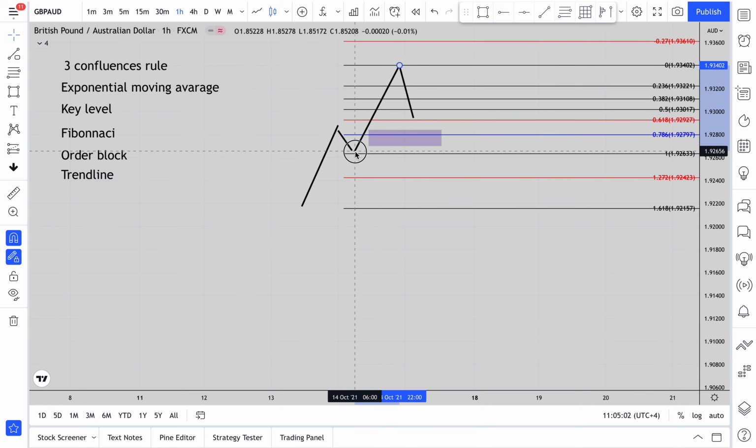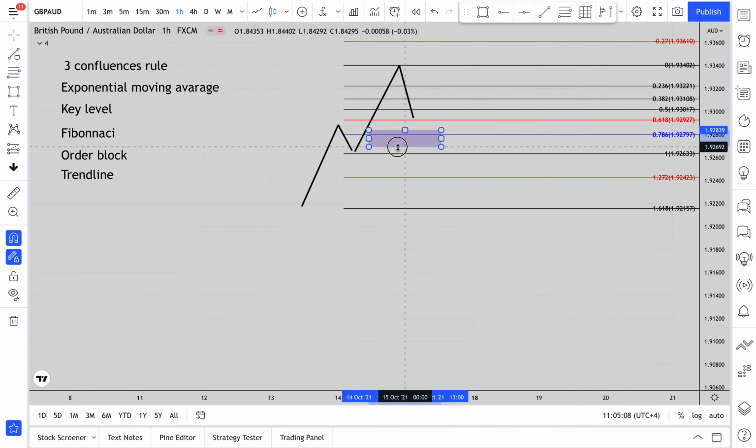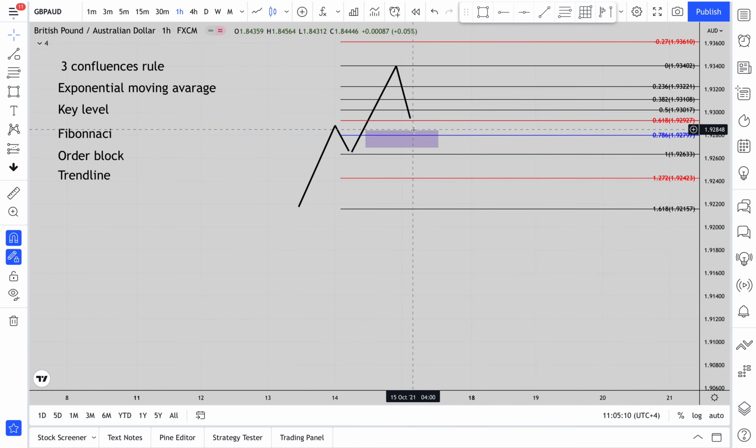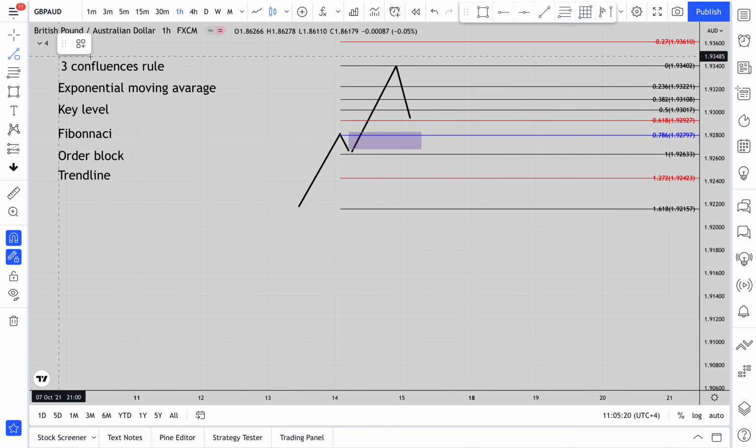Sorry guys, it's very hard, it's like Paint. So let's say we have an order block here, and let's say we move this like this, and we have a key level here as well.